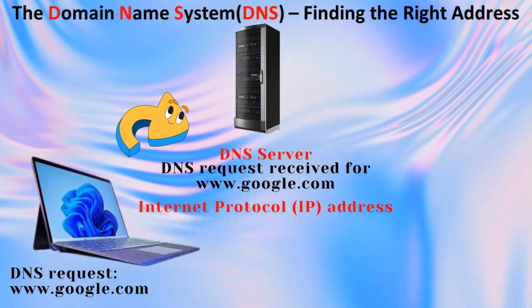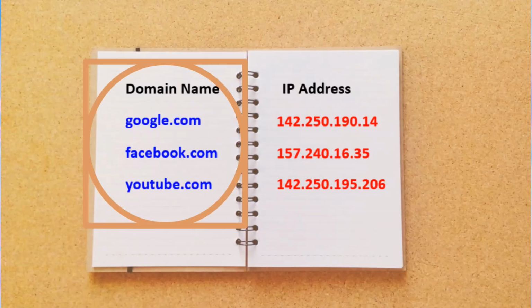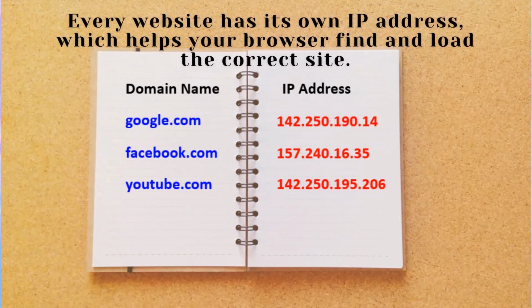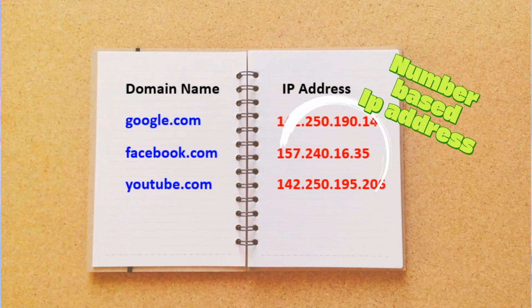The domain name system, DNS, is like the internet's phonebook. It converts human-friendly web addresses into IP addresses that computers understand. Every website has its own IP address, which helps your browser find and load the correct site. DNS translates the text-based domain name you type into the browser into the number-based IP address.